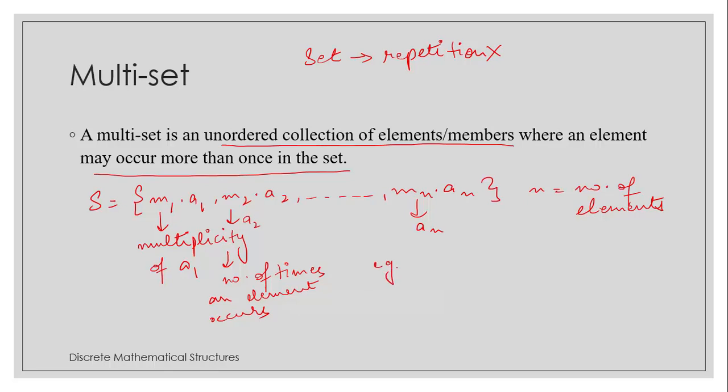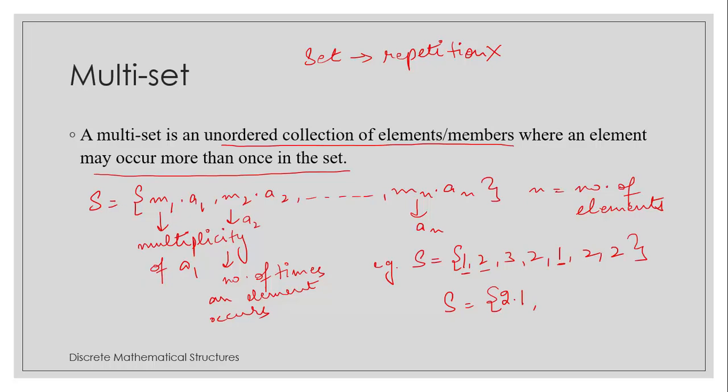For example, we have set S equal to 1, 2, 3, 2, 1, 2, 2. Now in a multiset, this set can be written as follows. Element 1 occurs twice, so its multiplicity is 2, and we can write it as 2 dot 1.